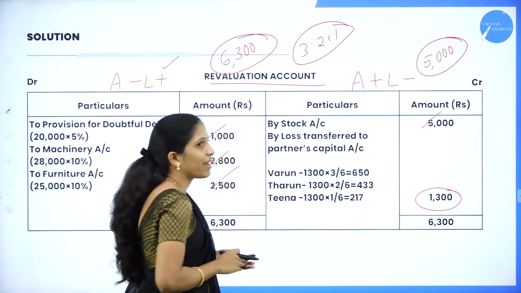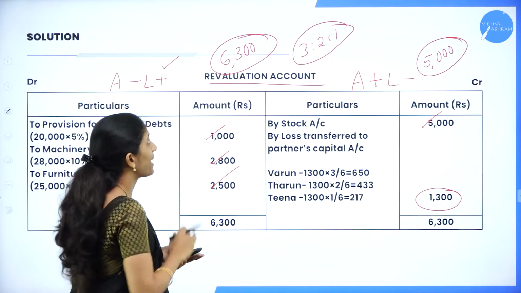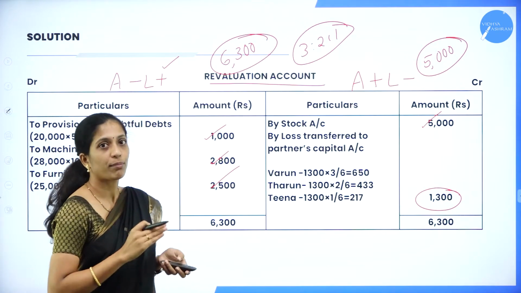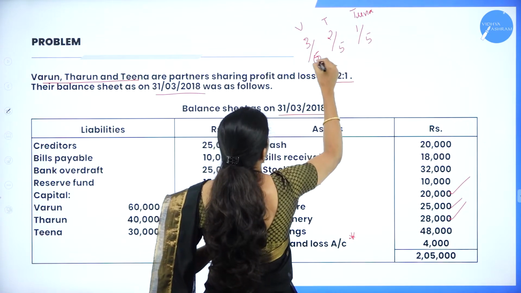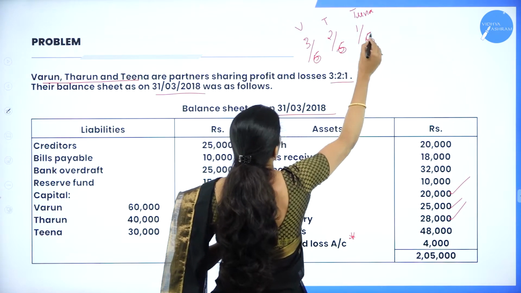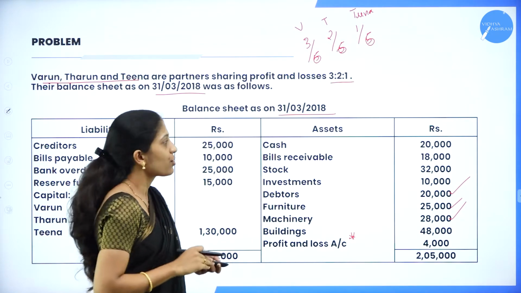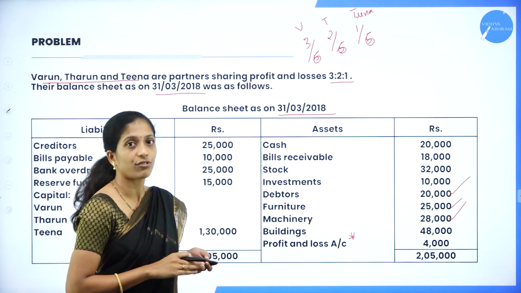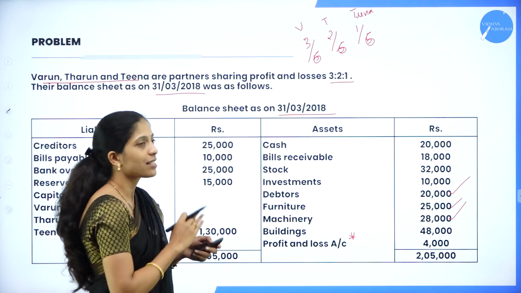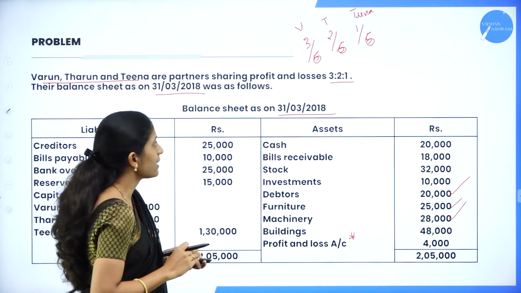Now, distribute that loss in their profit sharing ratio 3:2:1. That is not 3/5, 2/5, it is 3/6, 2/6 and 1/6. So, their profit sharing ratio is 3:2:1, which can be written in the form of fraction 3/6, 2/6 and 1/6.